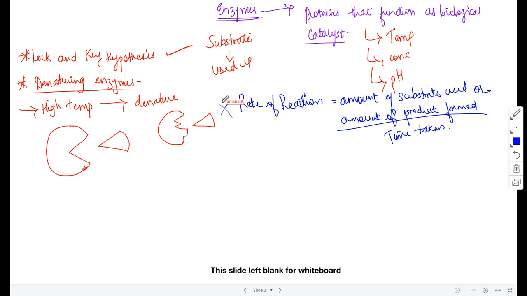Okay, this is the formula for getting us the rate of reaction. Fine. Now we are going to see how these factors are affecting the rate of reaction. First one we are going to see is the temperature.